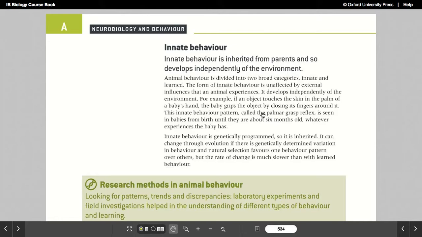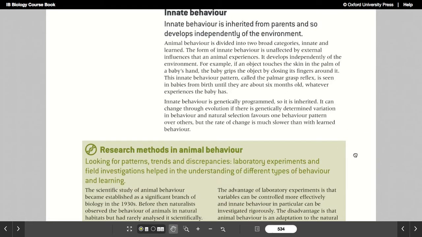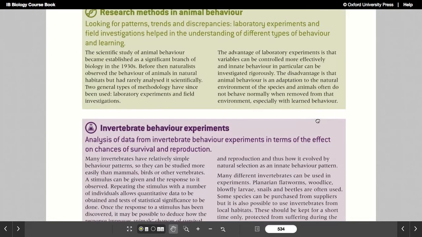It's called the Babinski reflex. So if you drag a pen or something up along their foot, they will stretch their toes backwards, towards their body rather than away from their body. Anyway, innate behavior is genetically programmed and it's inherited, so you're born with it.